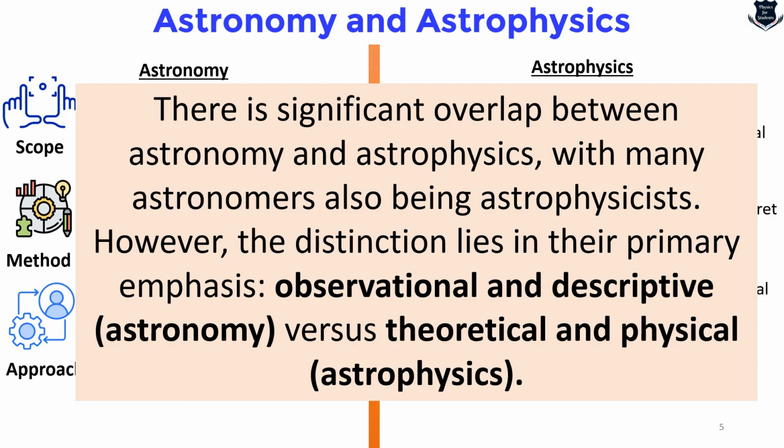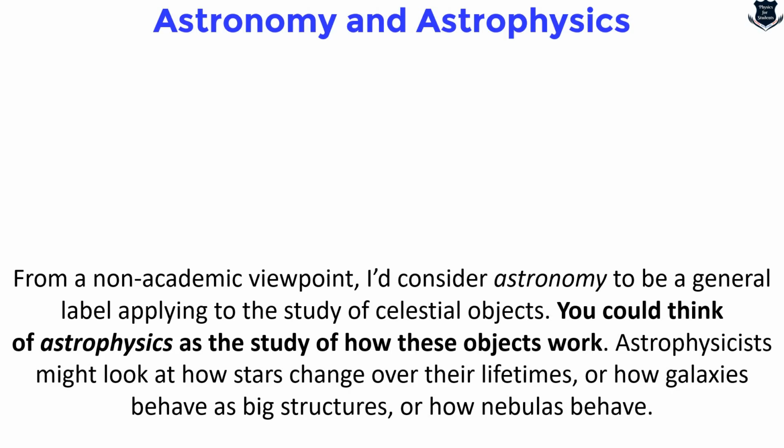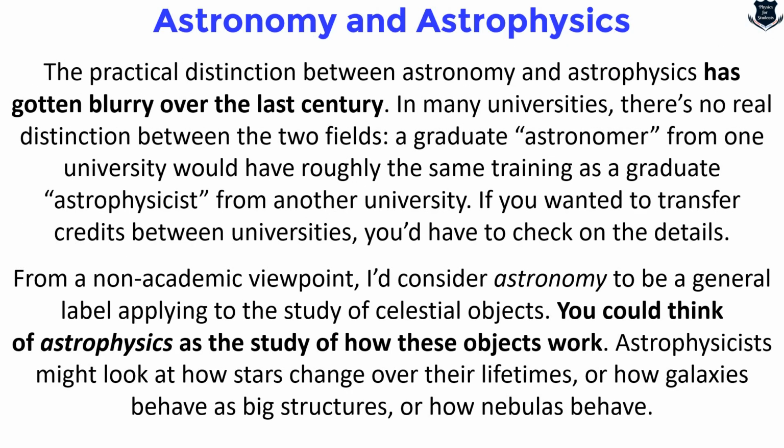That is why my video, as you can watch, is an overlap between astronomy and astrophysics. So here comes the bottom line. From a non-academic viewpoint, I would consider astronomy to be a general label applying to the study of celestial objects, and you could think of astrophysics as the study of how these objects work, which I mentioned.